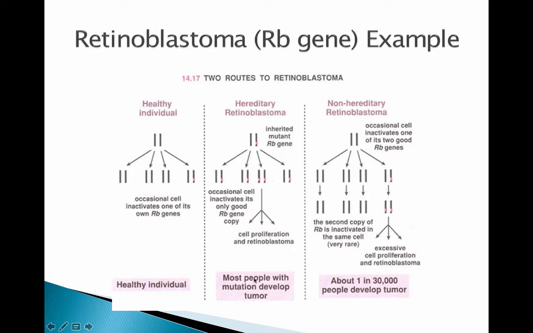If that happens, most people are going to develop a tumor. However, this non-hereditary form, where you've got to get two mutations, is really rare. It's been studied. About 1 in 30,000 people will develop a tumor. So it's very unlikely, if you have a normal retinoblastoma gene, that you'll end up with this particular issue.